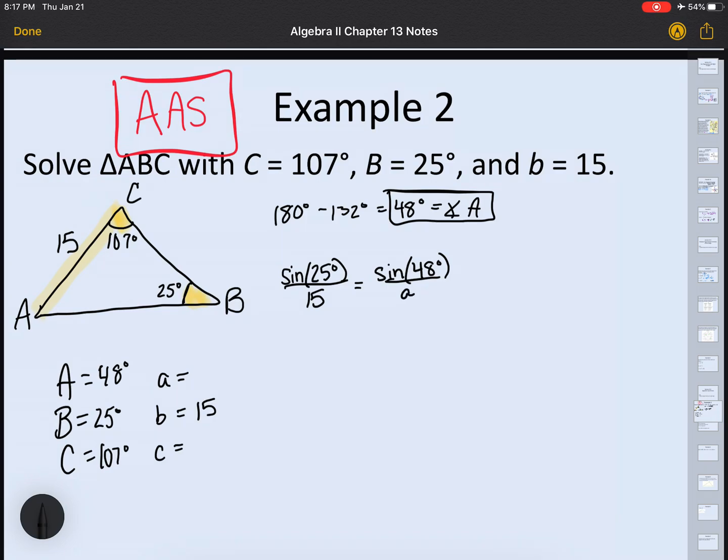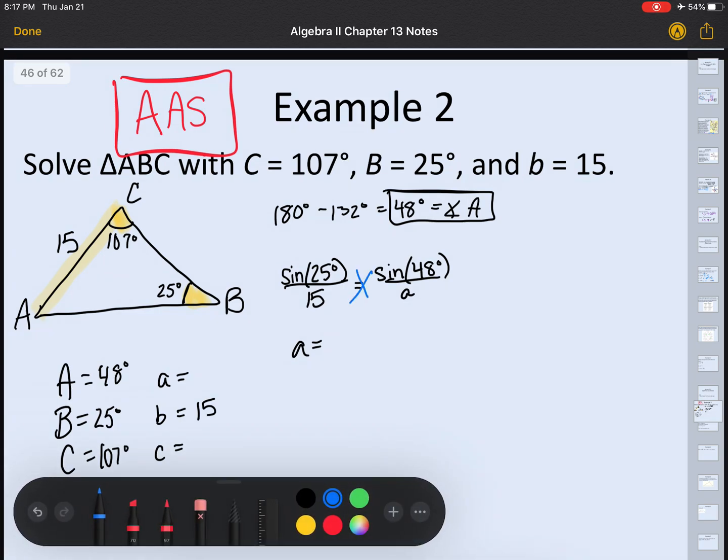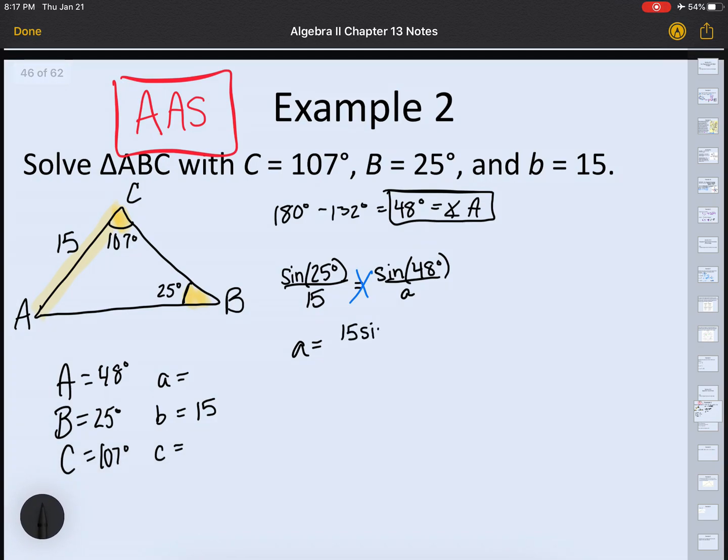And we're trying to figure out little a. And when we, again, cross multiply, we're going to have 15 times the sine of 48 degrees all over the sine of 25 degrees.